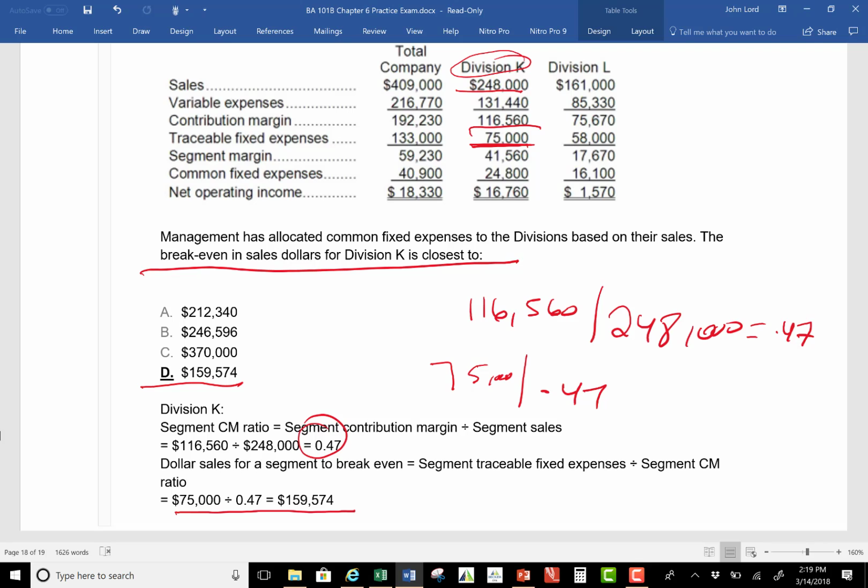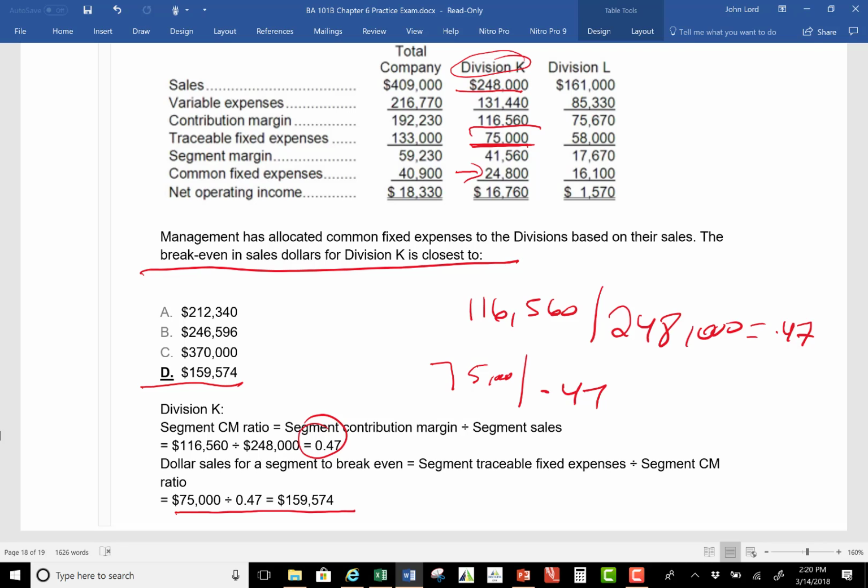If it's company-wide, I pick up everything, traceable and common. If it's just a division, I only pick up the traceable. Maybe they've done the allocation for some other financial reporting purposes, but for the break even I don't care if they break them up all day. I don't care if God came down and said here's the cost that should be going to each one. We do not use the common fixed expenses to calculate the break even.